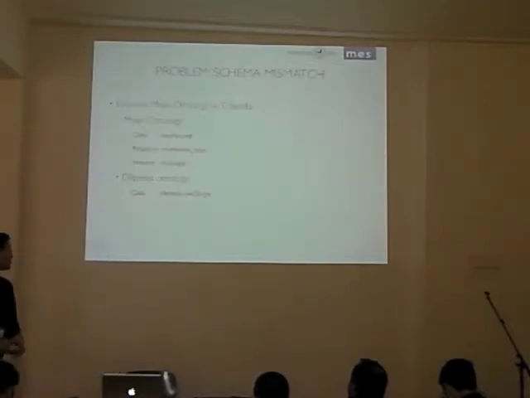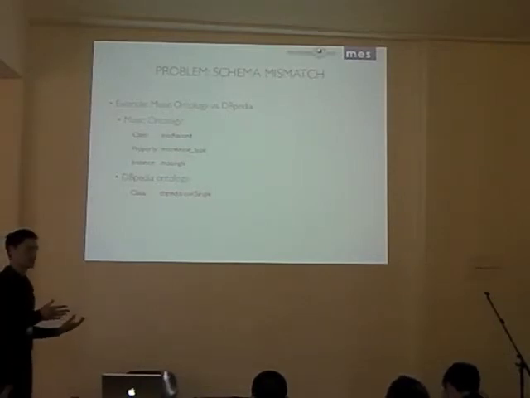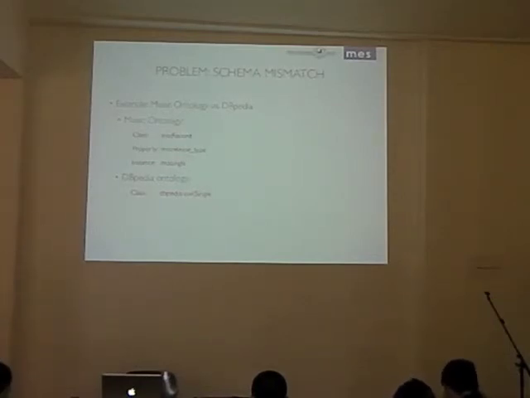Okay, another problem is schema mismatch, where, for example, you have a class in one ontology. Here it's a singer, so it's a music single. And in the other ontology, there is not really a single class. So we have here the music ontology, there's just a record. And what they do is that there's also a property release type, which differentiates the type of the record.